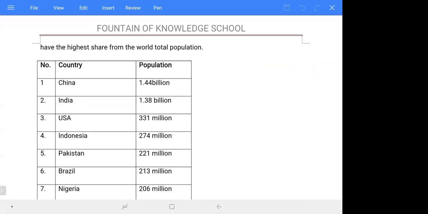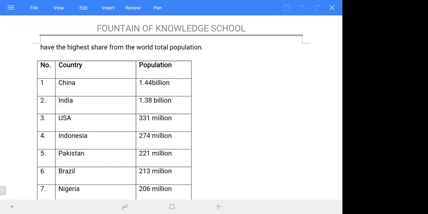Then the population. When we come to the most populous countries of the world, the first most populous is which country? You know this very well. China. The most populous country is China.